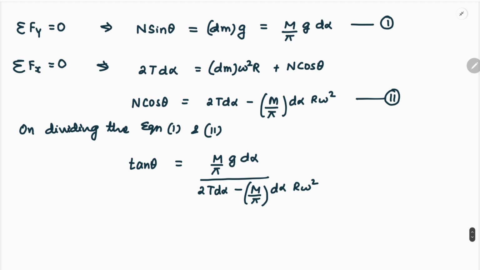Solving for T, the value of T turns out to be mg by 2 pi times cot theta plus omega square r by g.